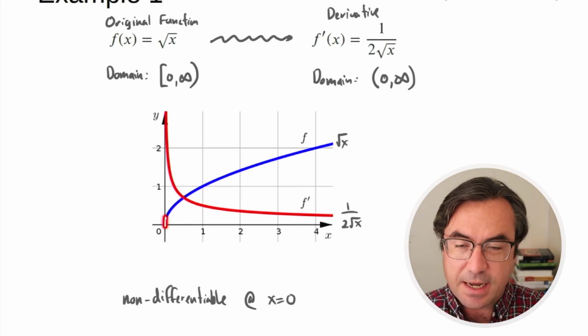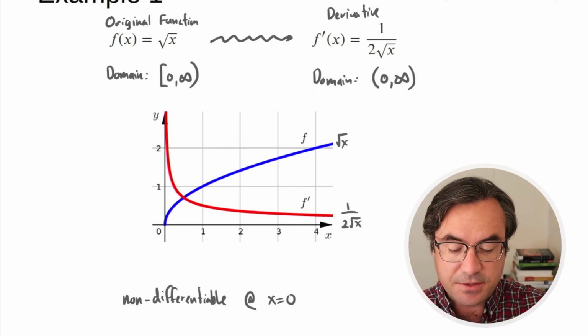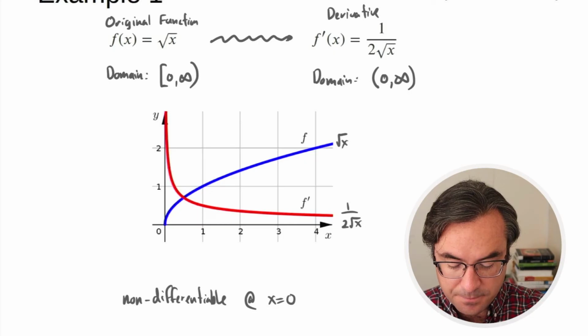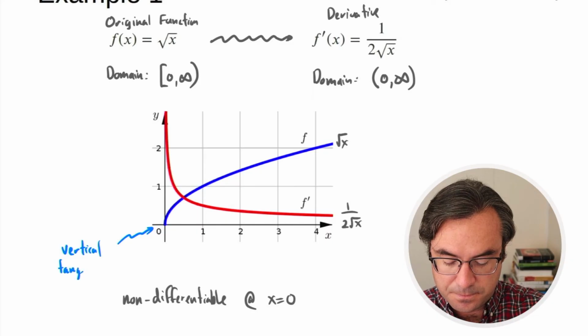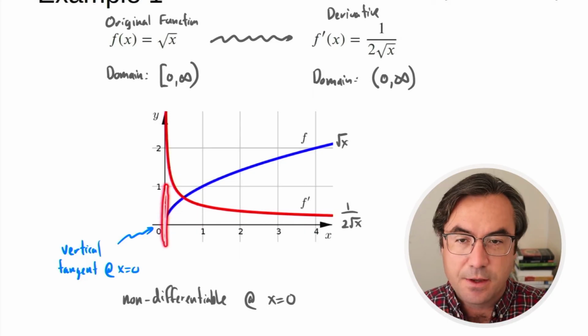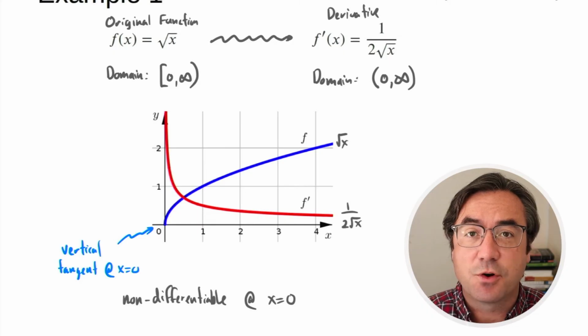What's happening right at x equals 0 is the slope of our curve is very steep. And actually what we have here is a vertical tangent at x equals 0. So if we were to draw our tangent line there, the graph is almost kind of vertical there.